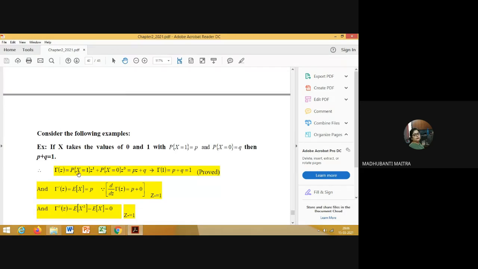Now we know that this probability is p, so the first term will be pz, and we know this probability is q, so the second term will be simply q, as it is z to the power 0. Clear? Yes, ma'am. And we can check, if we evaluate this function at z is equal to 1, then we'll find p plus q, that is equal to 1.